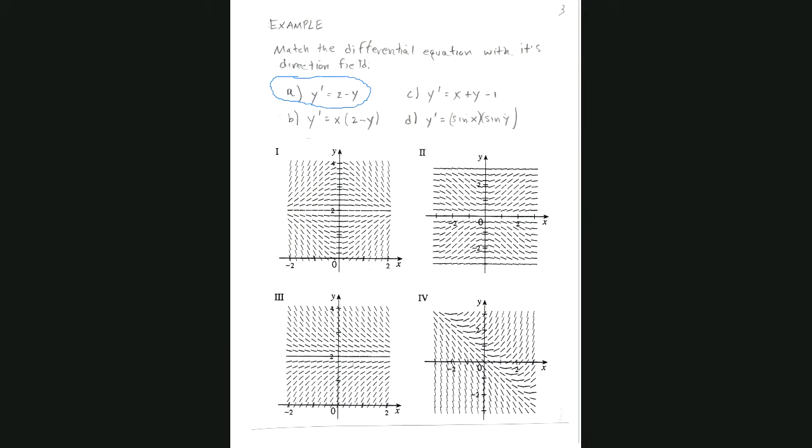So what I want to do is pick out some important feature of that differential equation, y prime equals 2 minus y. What is an important feature that would be helpful to look at? Who thinks they can chat it out? What would be an important feature?